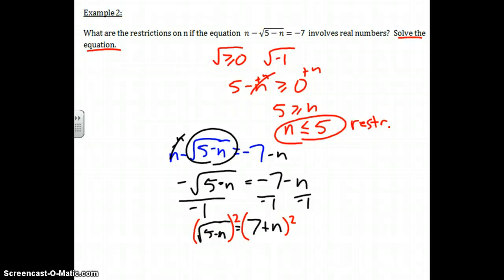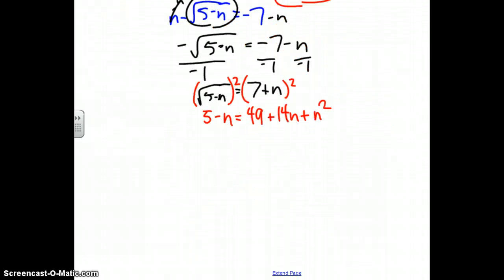Now when we square this, all we get is 5 minus n. We square this side, it's FOIL, so it's 49 plus 14n plus n squared. Usually we end up with a quadratic, not every time, but usually. Let's take everything to one side to see what we have.